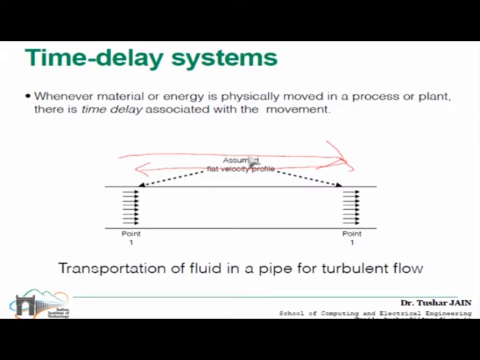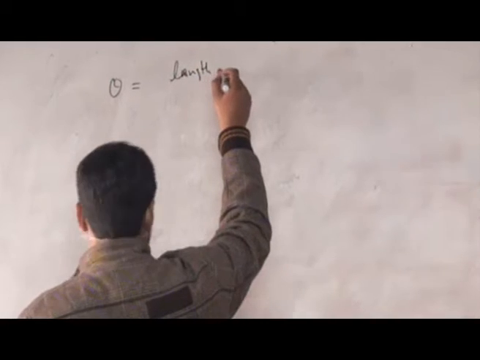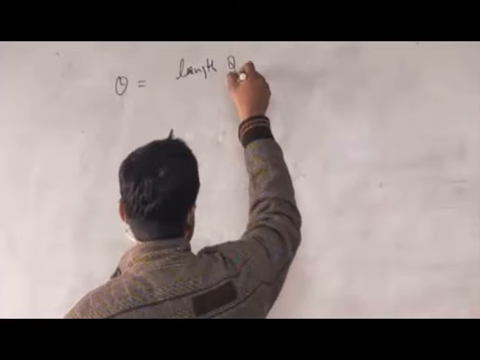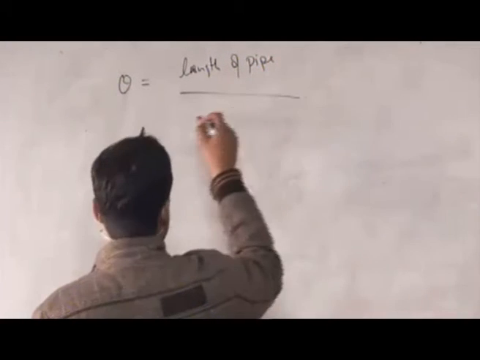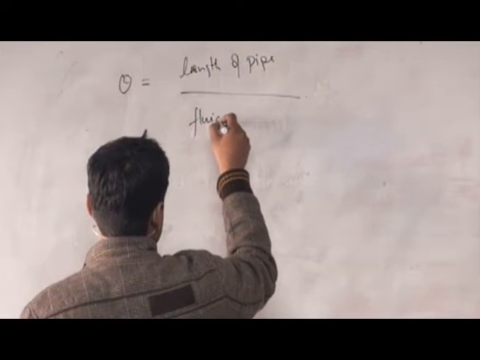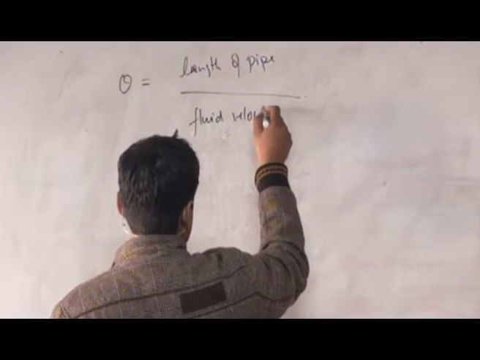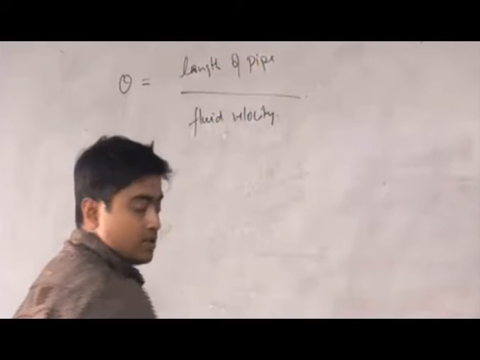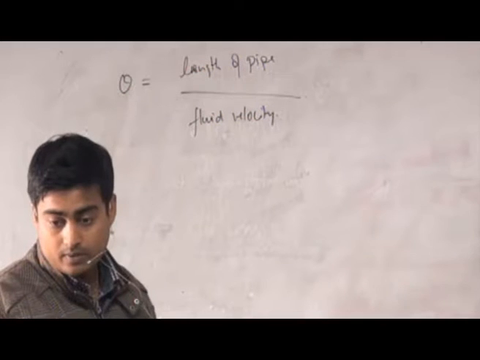So this transportation delay between point 1 and point 2, you can denote by theta, which is the length of the pipe over fluid velocity. Okay, this is the basic equation of the flow of the liquid.